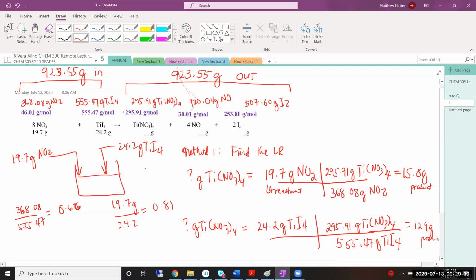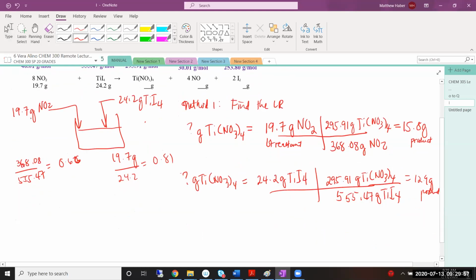Okay. So this is similar to that first method wherein you're comparing the products formed. Based off the two, this reactant gives me the least amount of product, which means to say that this is my limiting reactant, okay? Or the second reactant is my limiting reactant.